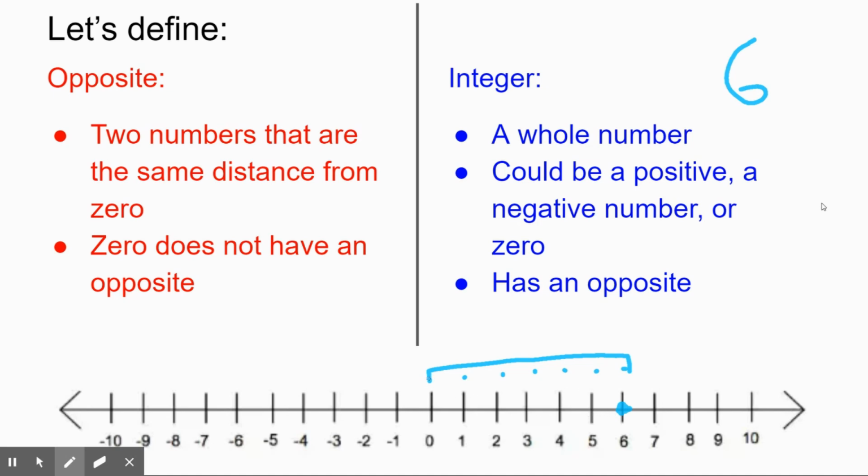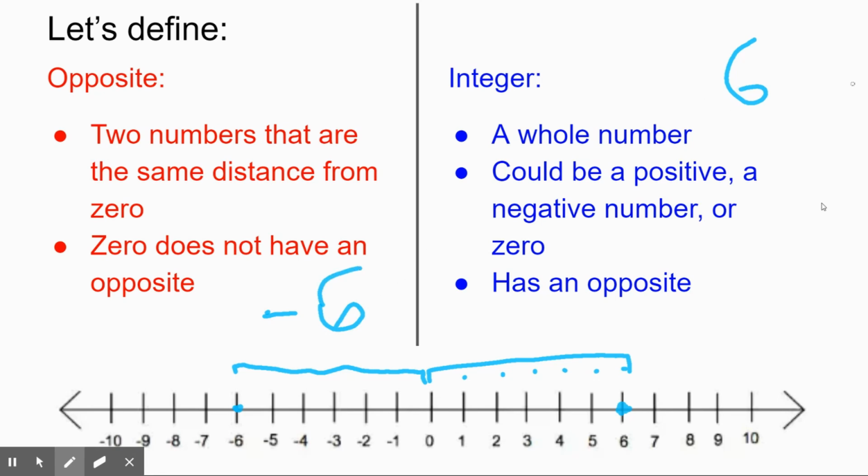That means to find its opposite, we need to start at 0 and also go a distance of 6, but in the other direction. So we'll go 1, 2, 3, 4, 5, 6. And where does that leave us? At -6. So we know that the opposite of 6 is going to be -6.